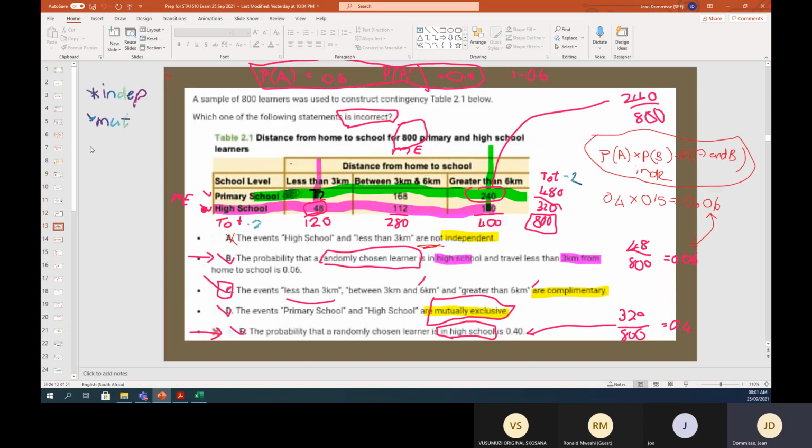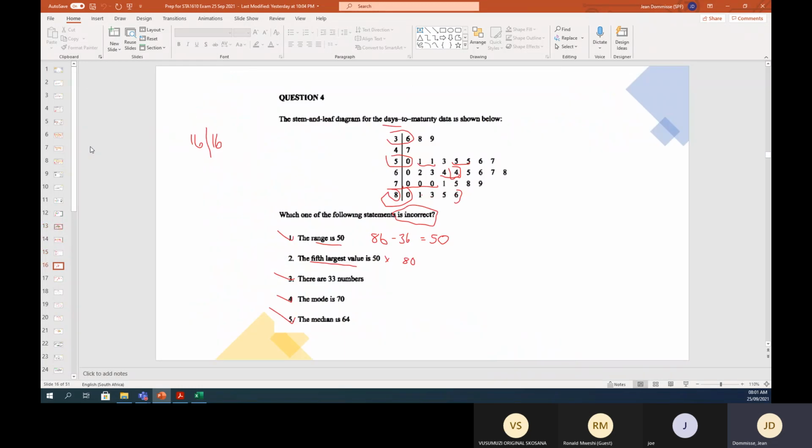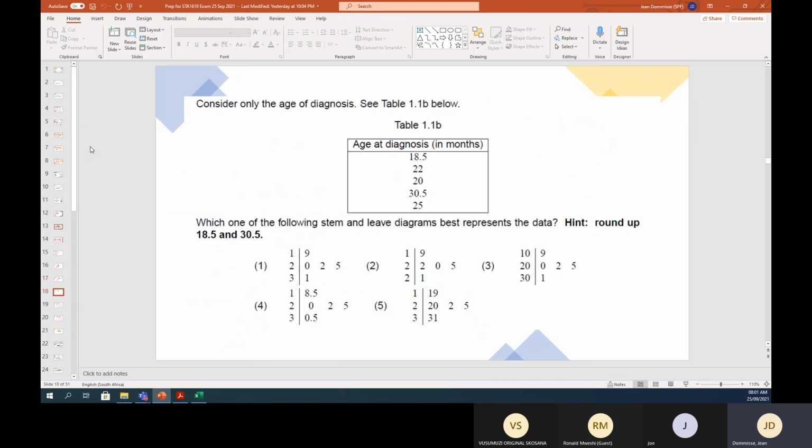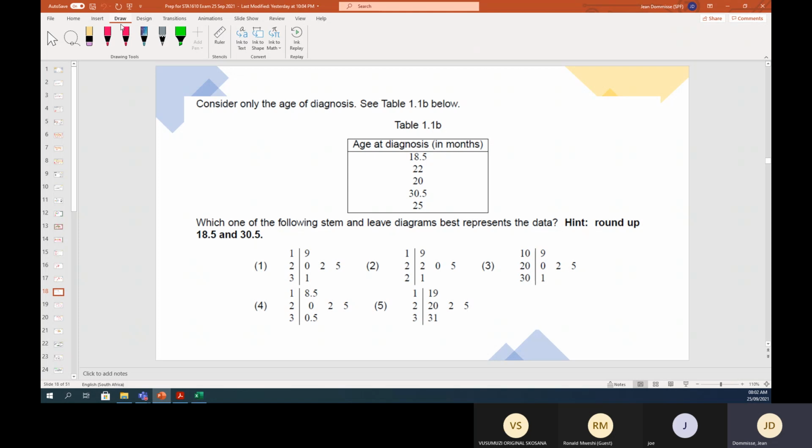So let me just, I added, where was the question? In here. I just wanted to add something: when they give it with a decimal, and then they ask you to plot the stem and leaf. The important thing here is to take the hint that they're giving.